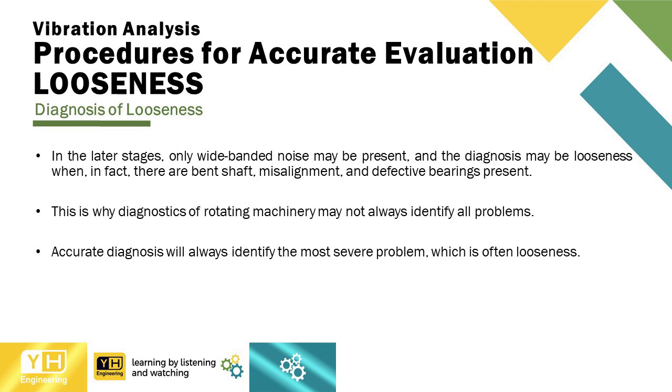In the later stages, only wide-banded noise may be present, and the diagnosis may be looseness when, in fact, there are bent shaft, misalignment, and defective bearings present. This is why diagnostics of rotating machinery may not always identify all problems. Accurate diagnosis will always identify the most severe problem, which is often looseness.